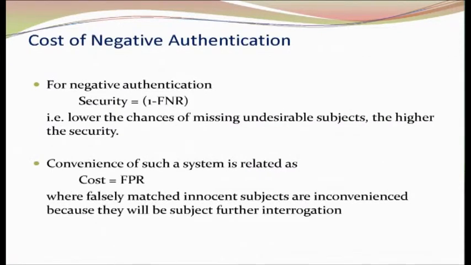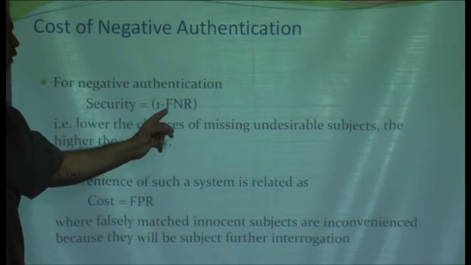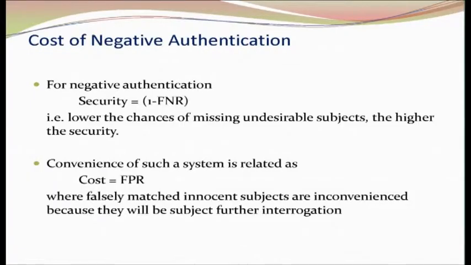In the case of negative authentication, security is just the reverse, 1 minus FNR: the lower the chances of missing an undesirable subject, the higher the security. And convenience is the cost of false positive.